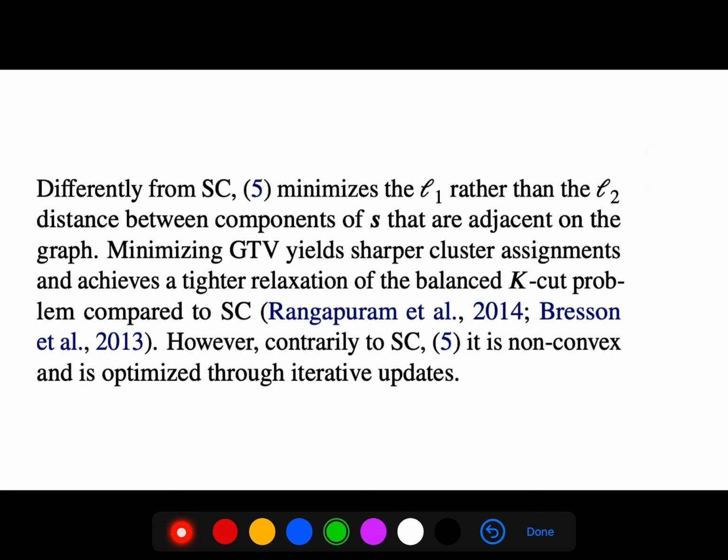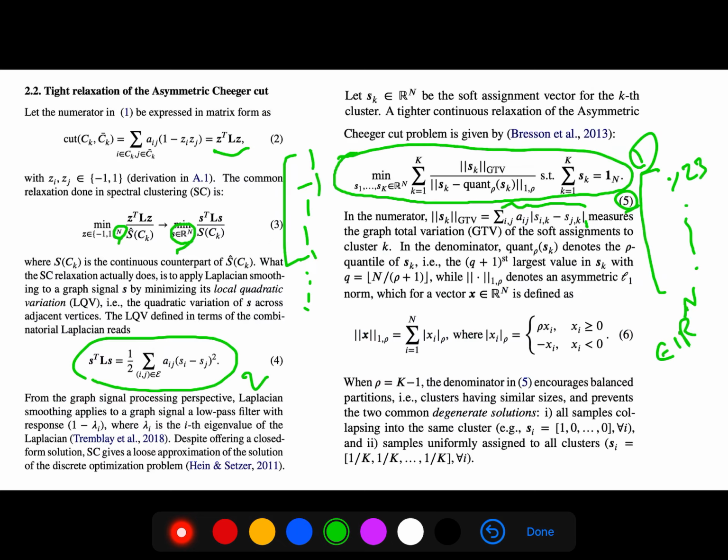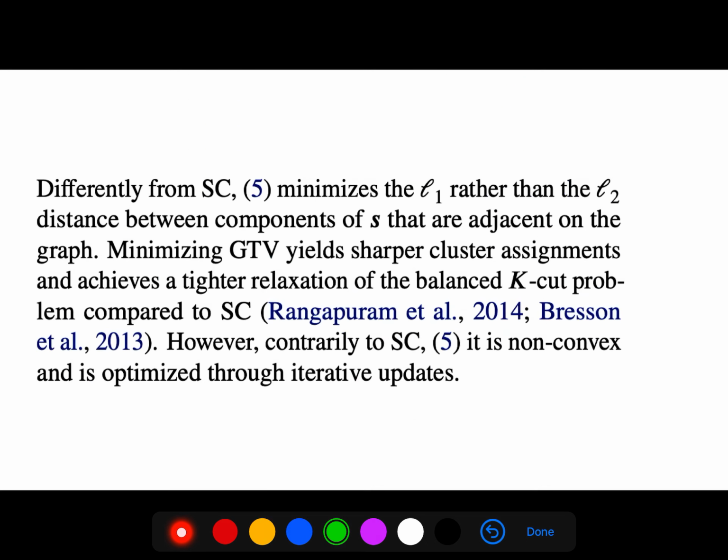Rather than the L2 distance between the components of S that are adjacent on the graph, minimizing graph total variation yields sharper cluster assignments and achieves a tighter relaxation of the balanced K-cut problem compared to what we do in spectral clustering.